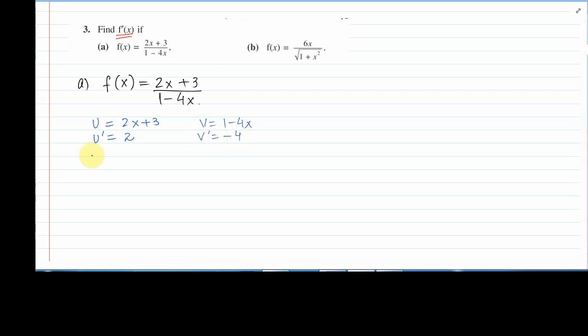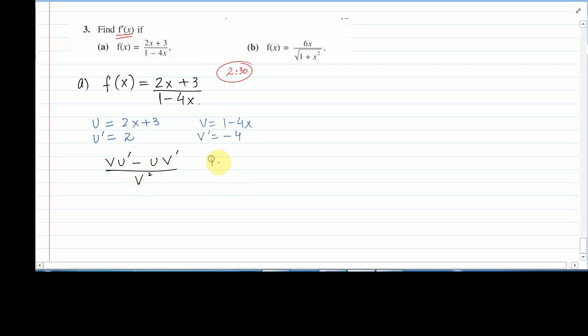The working formula we have is v derivative of u minus u derivative of v divided by v square. v is 1 minus 4x. Derivative of u is 2, minus u is 2x plus 3, derivative of v is minus 4, divided by v square, which is 1 minus 4x whole square.